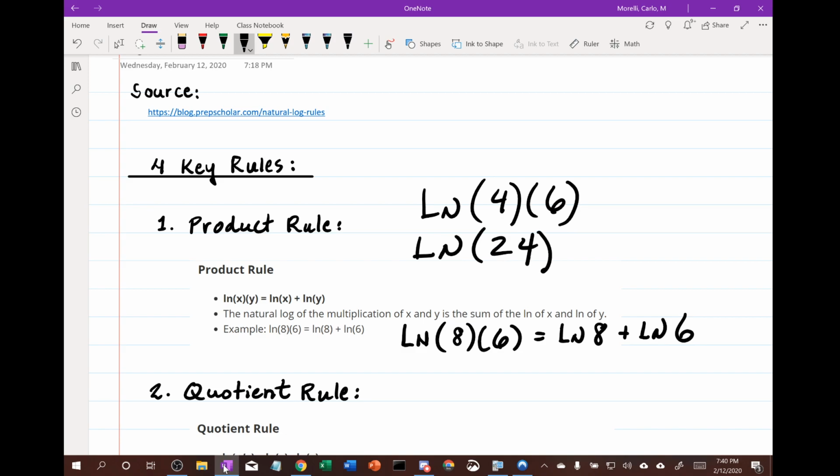Right? That's a lot easier than saying, oh, okay, this is equal to the ln of 4 plus the ln of 6. Right? These are all equivalent statements. But I'm assuming that that could be useful at some other time. So that's the product rule. It's pretty cool.